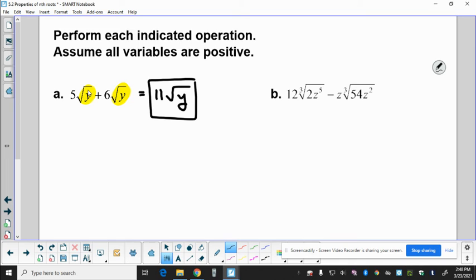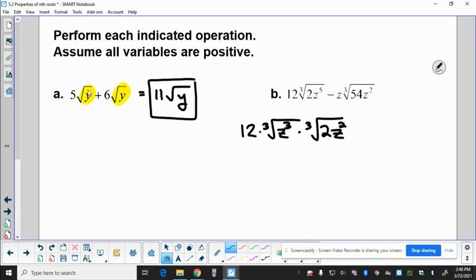So let's take this first expression. I'm going to rewrite it as 12 times some cube roots, and I'm going to see if I can come up with some perfect cube roots. So first of all, the number 2 is too small to be a perfect cube, but z to the 5th, I can make it z cubed times z squared. 3 and 2 makes 5.